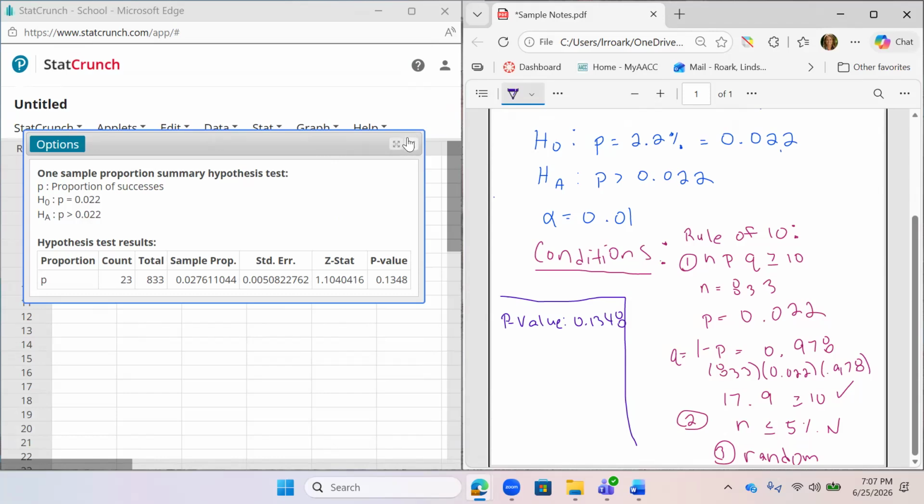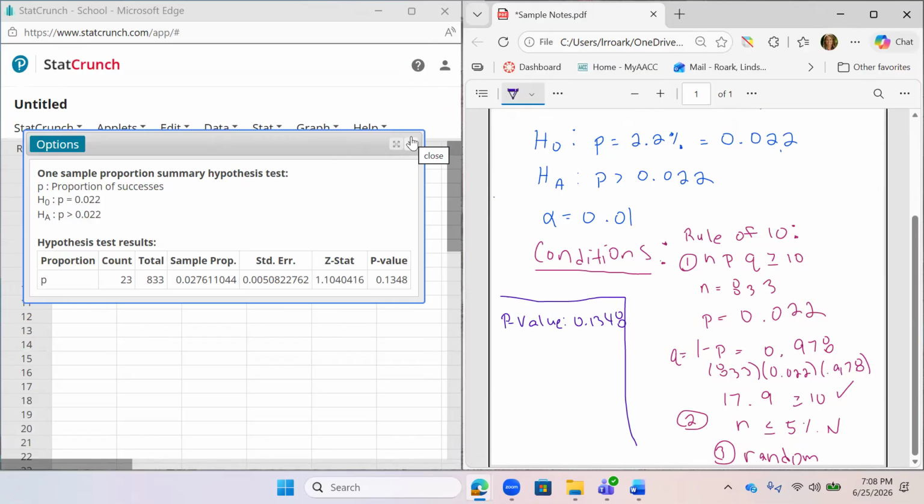Is that rare? Because if 2.2% is correct and I took a sample and I did a good job, and the probability that I got that value is super unusual, almost impossible, then you have enough evidence to reject the null. But if your p-value is not unusual, then you don't reject.